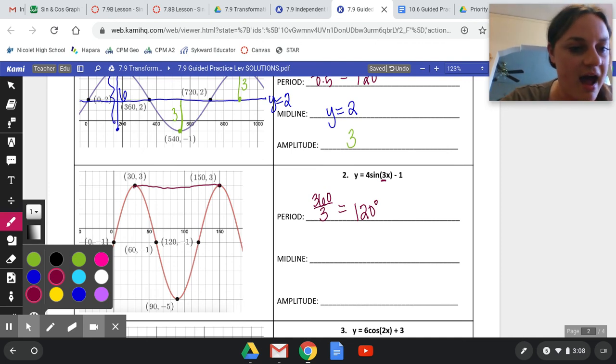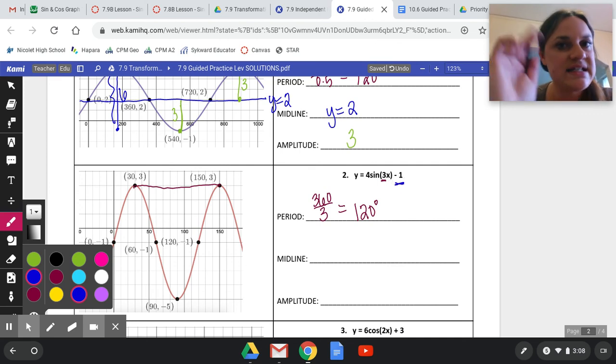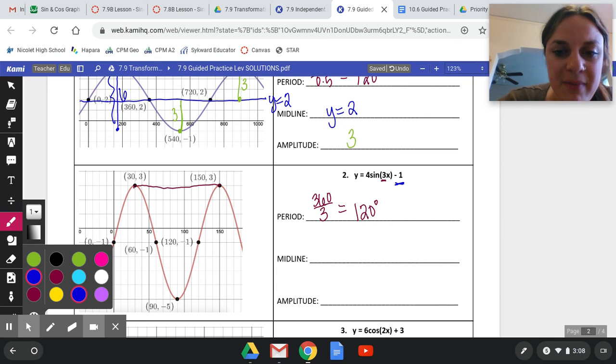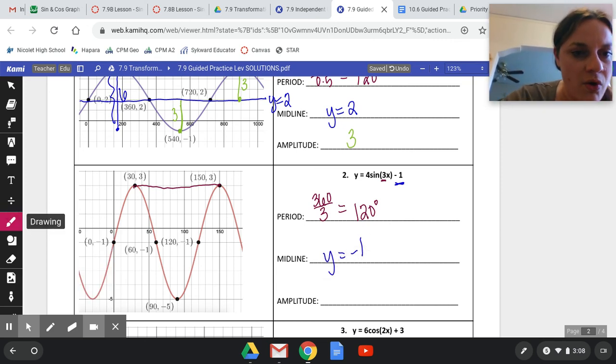Then I have my midline. This one's easiest to find from the equation. It's just your K value. So for my midline, I have y equal to -1. Or I could think, my highest peak is at 3 and my lowest valley is at -5.